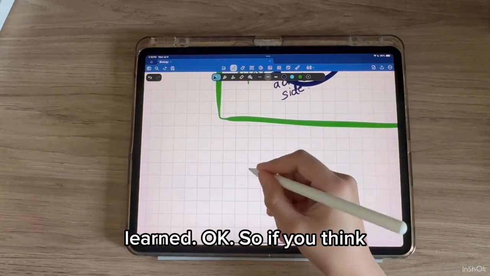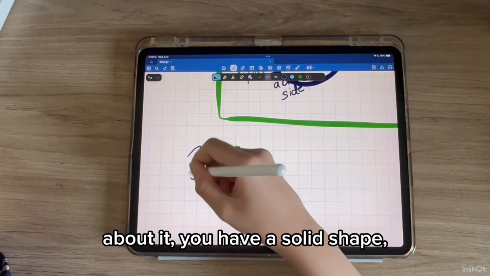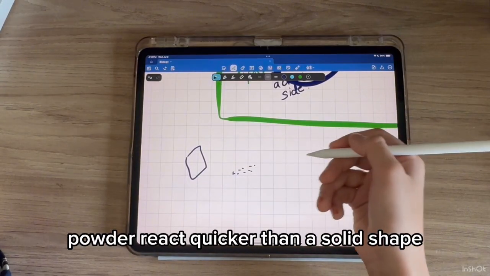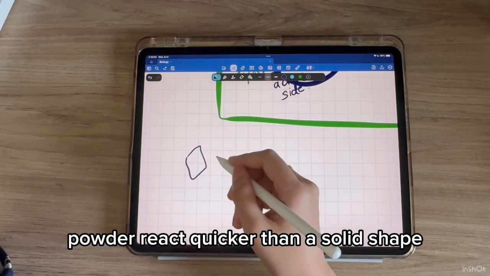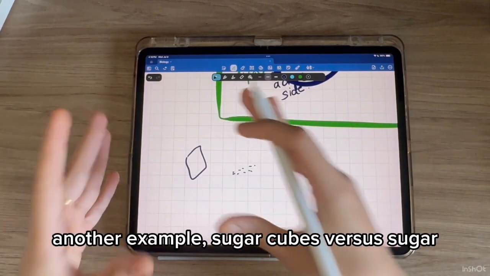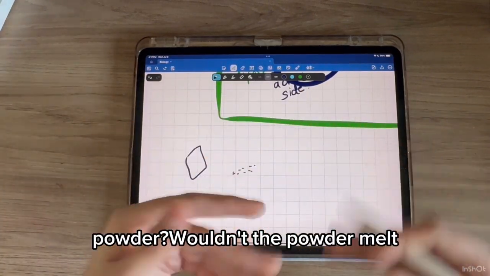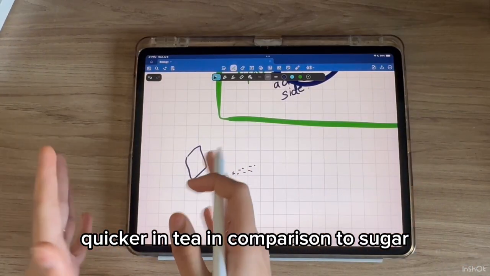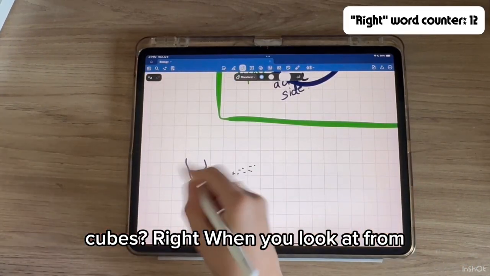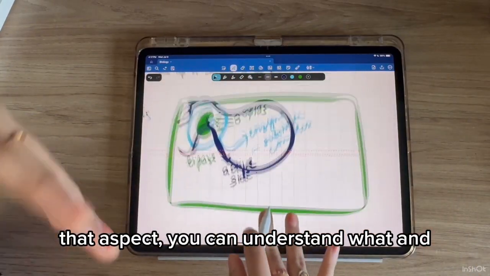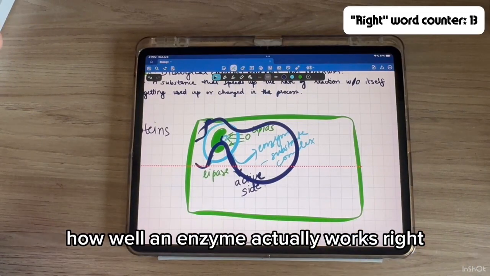If you think about it, you have a solid shape and you have powder. Won't the powder react quicker than a solid shape? Another example: sugar cubes versus sugar powder. Wouldn't the powder melt quicker in tea in comparison to sugar cubes? When you look at it from that aspect, you can understand how well an enzyme actually works.